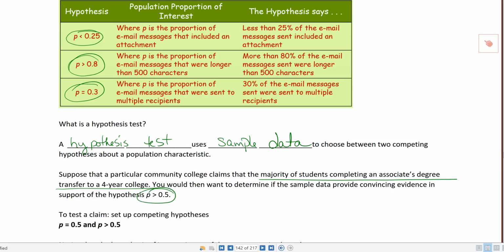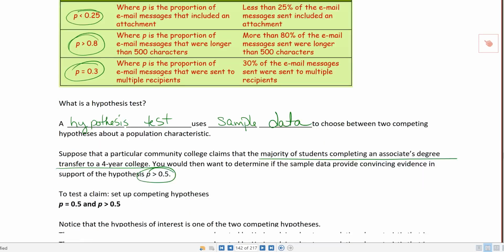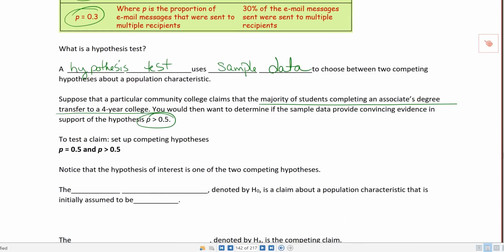So that means that what they're saying is that that percentage, P, is greater than 0.5, because a majority means that it's more than half. So to test that claim, we would set up two competing hypotheses. One that says that it is half, and one that says that it is greater than half.